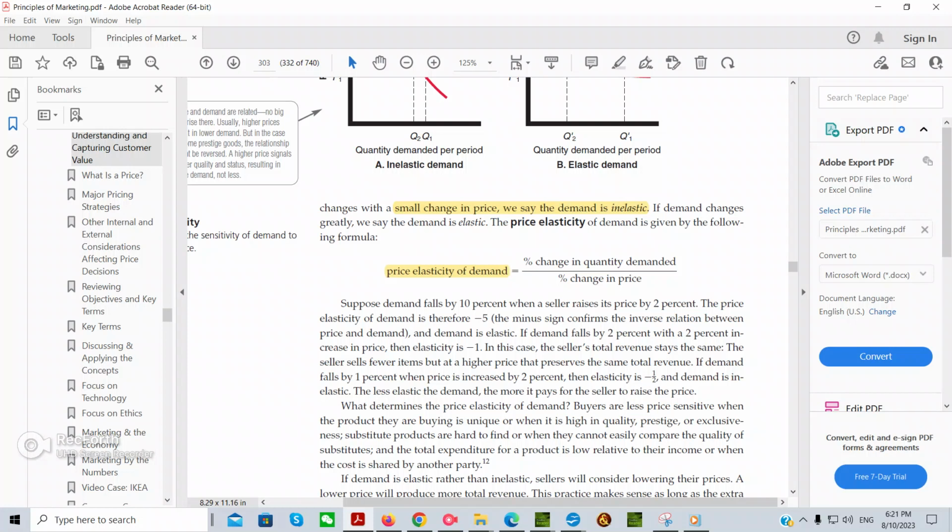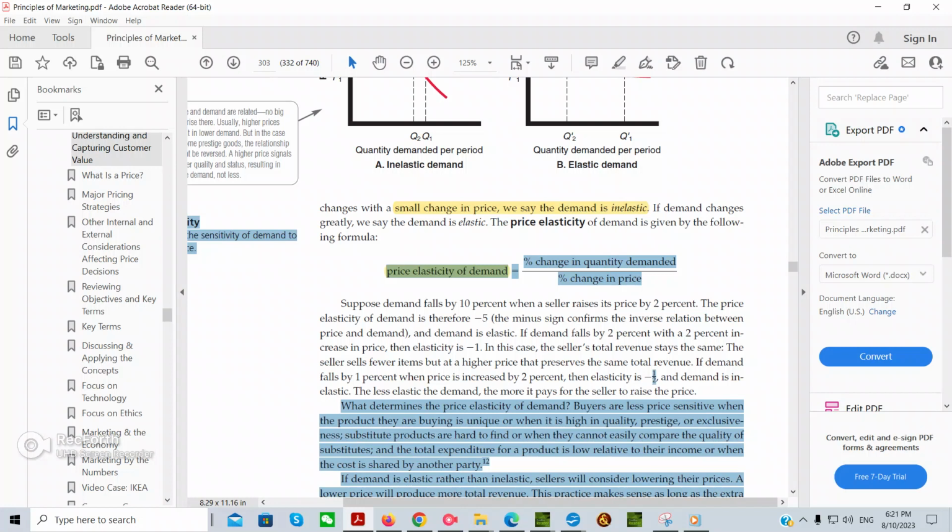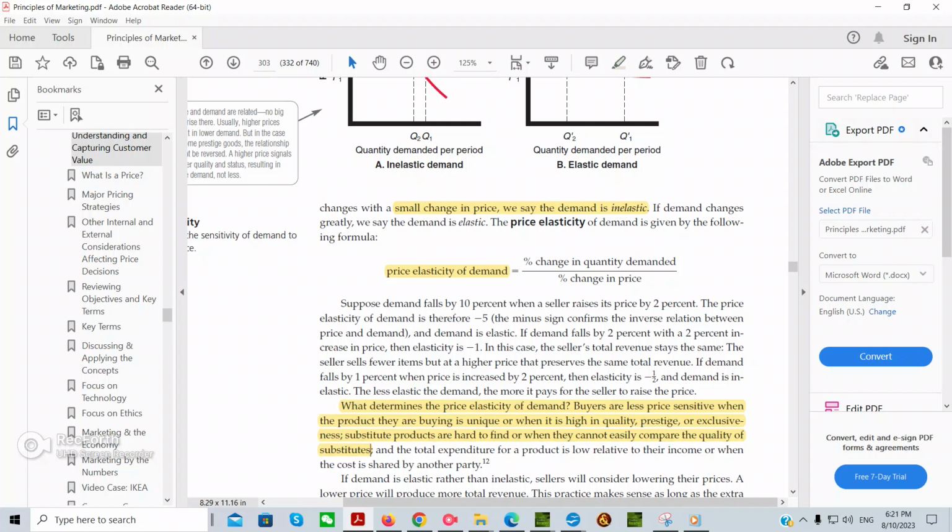Now, what determines price elasticity of demand? Buyers are less price sensitive when the product they are buying is unique, or when it's high in quality, prestige, or exclusiveness, or when substitute products are hard to find, in which case they cannot easily compare the quality of substitutes.